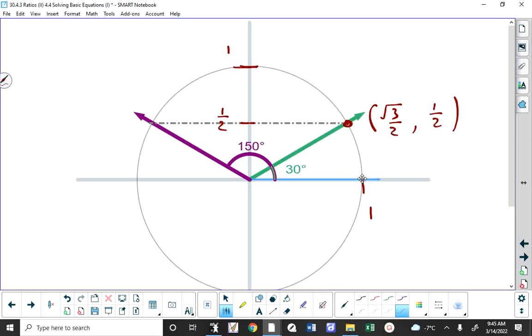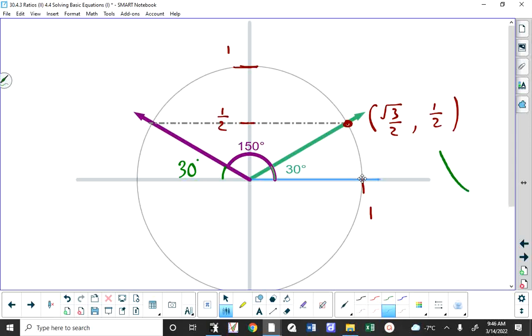Notice, by the way, that the reason 30 degrees has a sine of 1/2 and 150 degrees has a sine of 1/2 is because these two terminal arms share the same reference angle. They're both 30 degrees above the x-axis, so they're both going to have the same y coordinate. And I'm thinking of a y coordinate because sine is y.